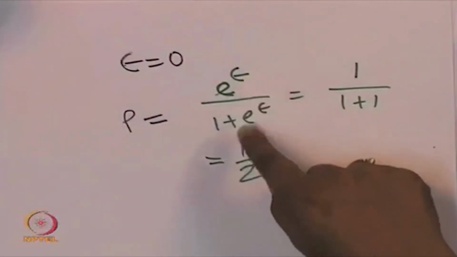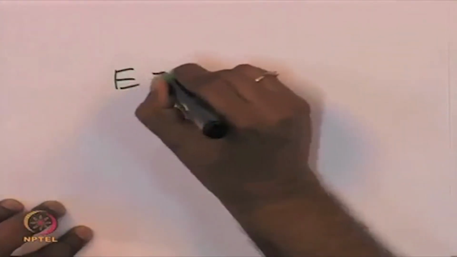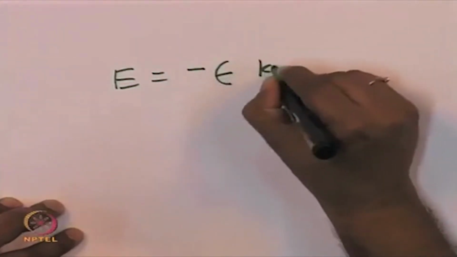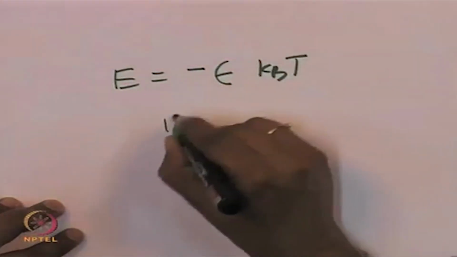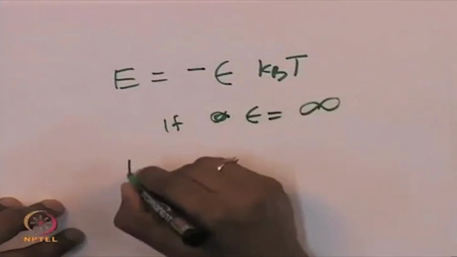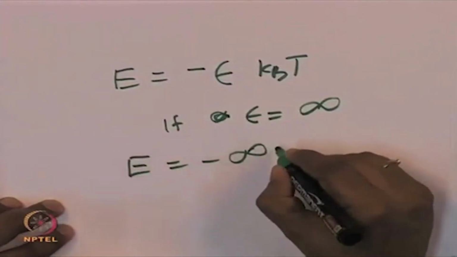If epsilon is infinity and the binding energy for one protein is minus epsilon k b t, then the binding energy is minus infinity k b t.